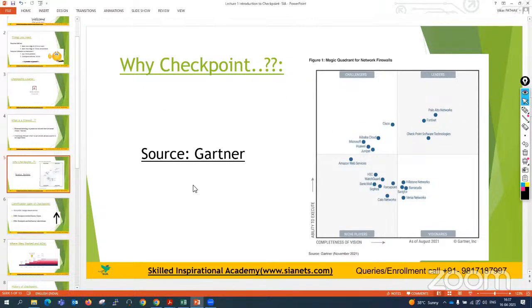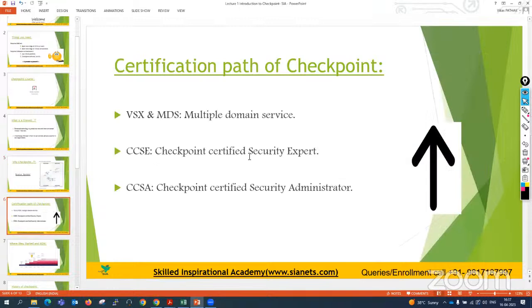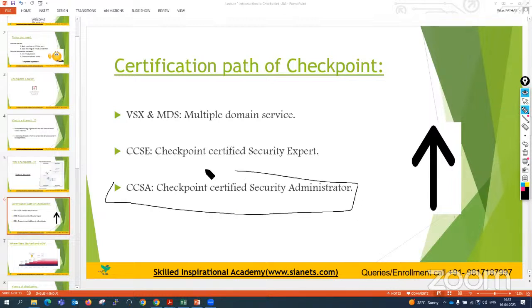Now somebody was asking about the Checkpoint certification path. Initially you are trained with CCSA, a basic CCNA-level certification. Then you have CCSE, Checkpoint Certified Security Expert.